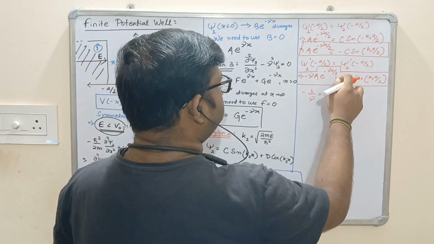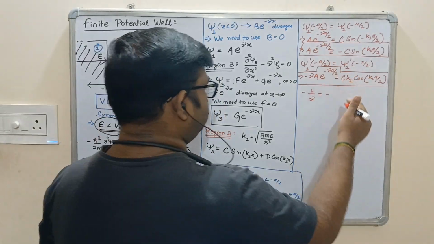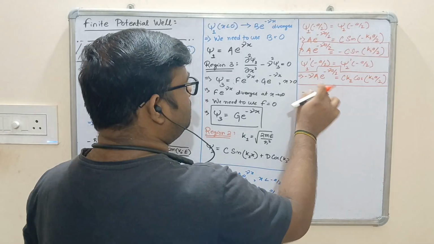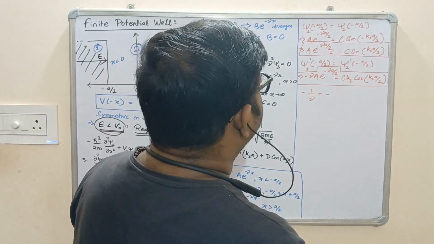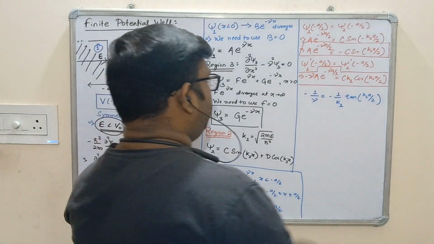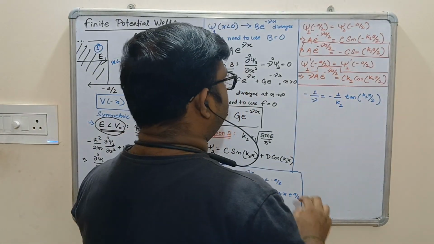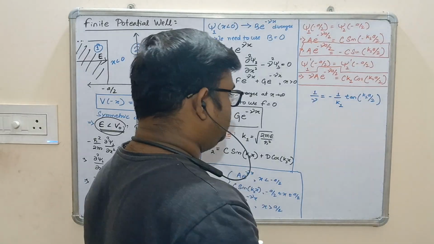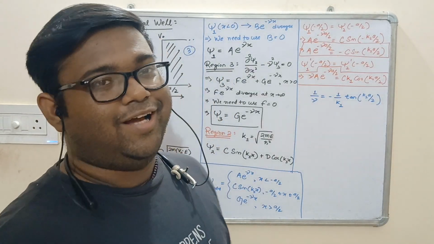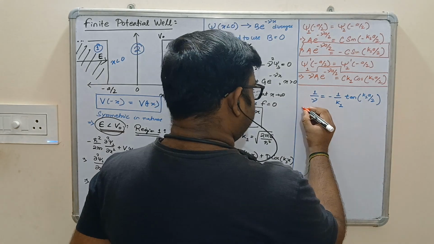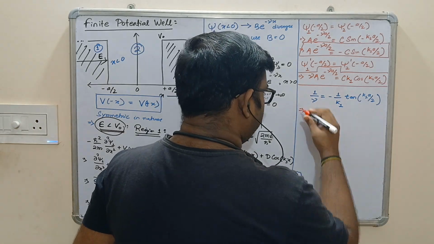So when you use minus nu... okay, wait a minute. So I made a mistake here. I have forgotten this part. Sorry. So this will be the case. I make these kind of mistakes, I don't know why.